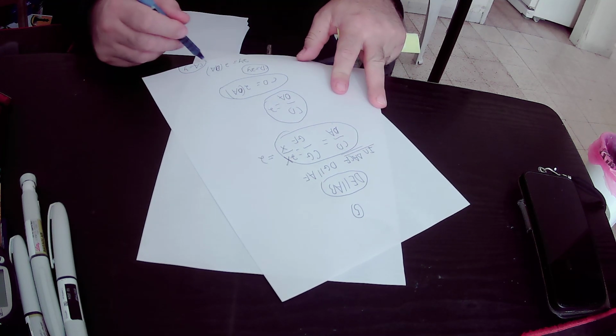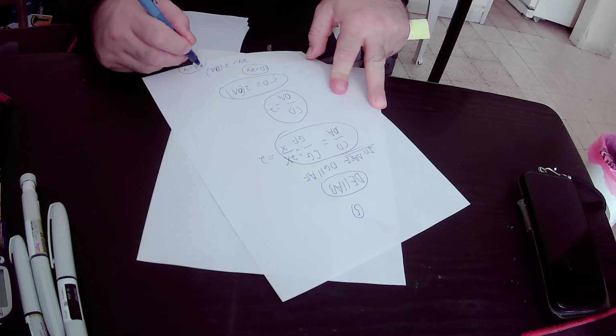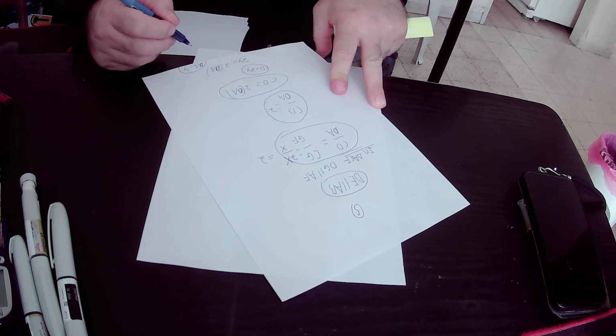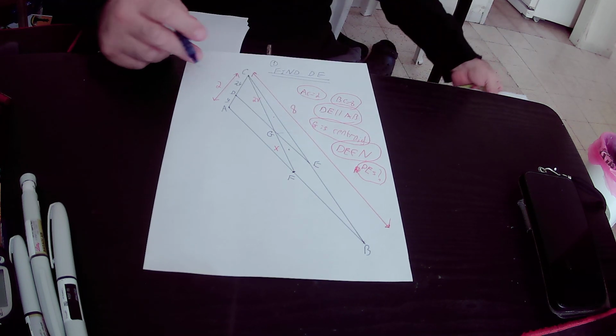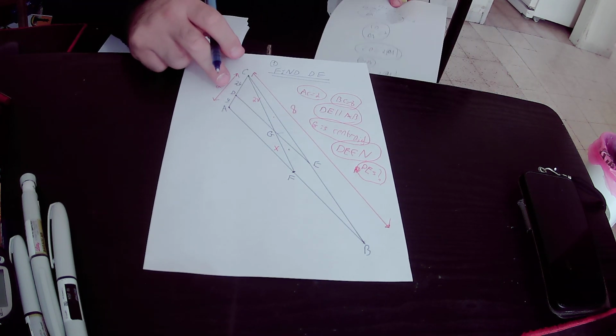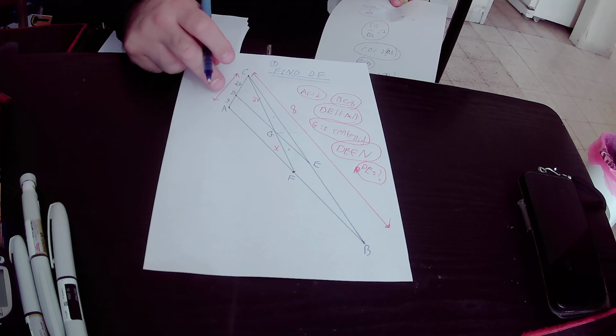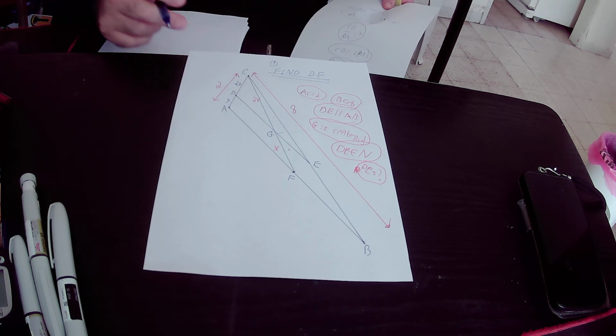We divide this equality by 2, and we get that DA equals y. So if CD equals 2y, then DA equals y.